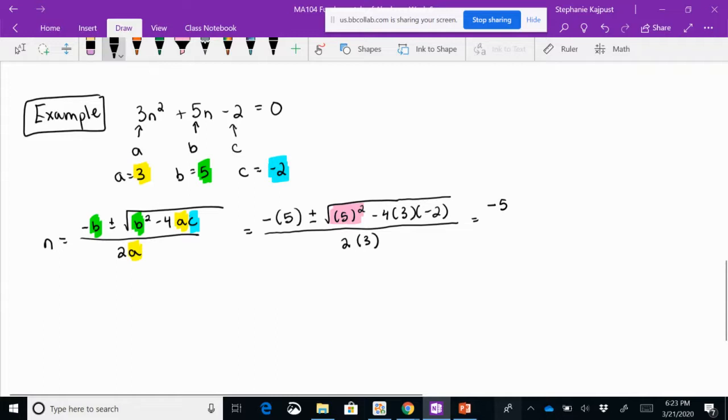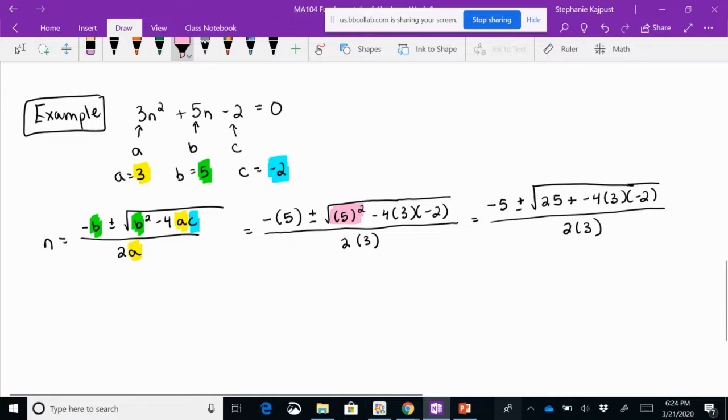So I have -5 plus or minus. 5 squared is 25. So I have 25 there now. And then I'm going to turn that -4 as plus -4 times 3 times -2. And I'm going to make sure my square root goes all the way. And then 2 times 3.